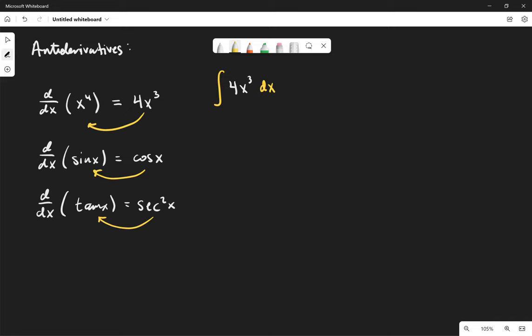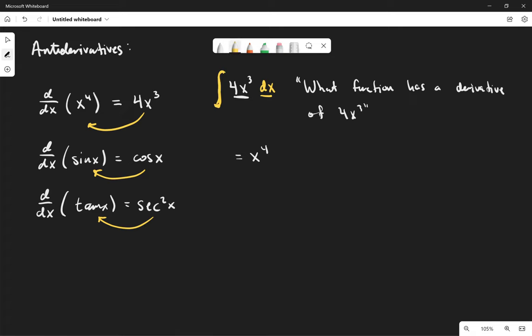But if you see just a big curly S with a dx on the end and a function inside, all that means is, what function has a derivative of 4x cubed? And the answer is, well, x to the fourth.